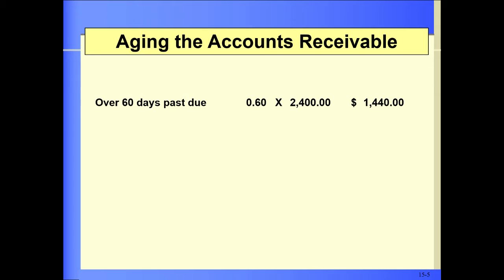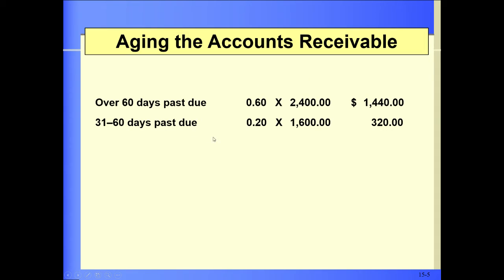For something that's over 60 days past due, that we know has a very high chance of not being collected, we're going to use an estimate of 60% or 0.6 for calculating how much we think is not going to be collectible. So if we take our balance of $2,400, multiply that times the 0.60 or 60%, we're estimating that $1,440 of all the amounts in that particular category are not going to be collectible.